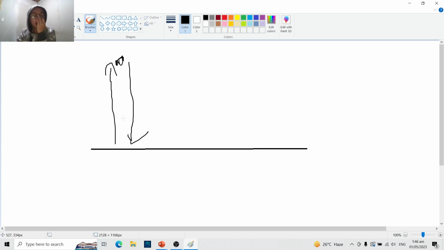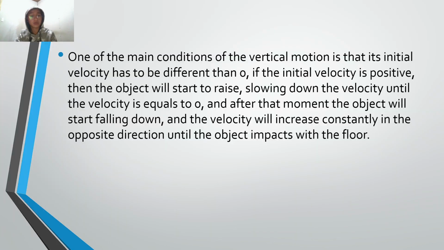So, ang initial velocity ni mo diri pirmi is higher than 0. Okay. Kasabot man siguro nga ang assign, no? Greater than 0.